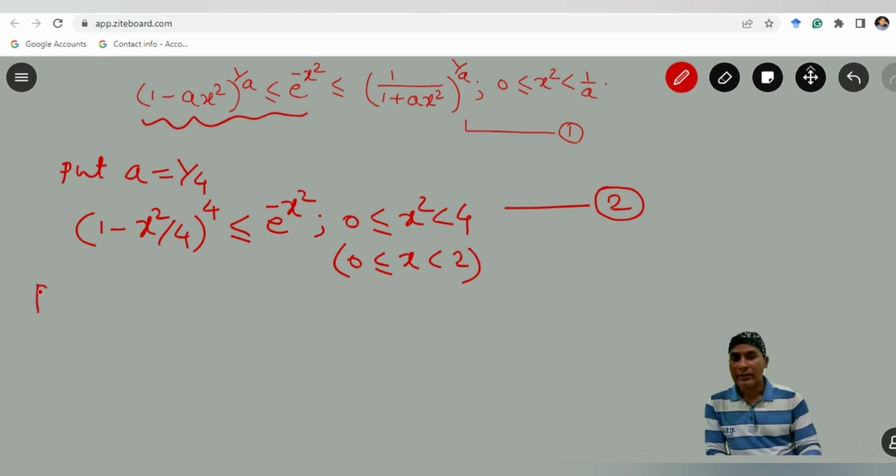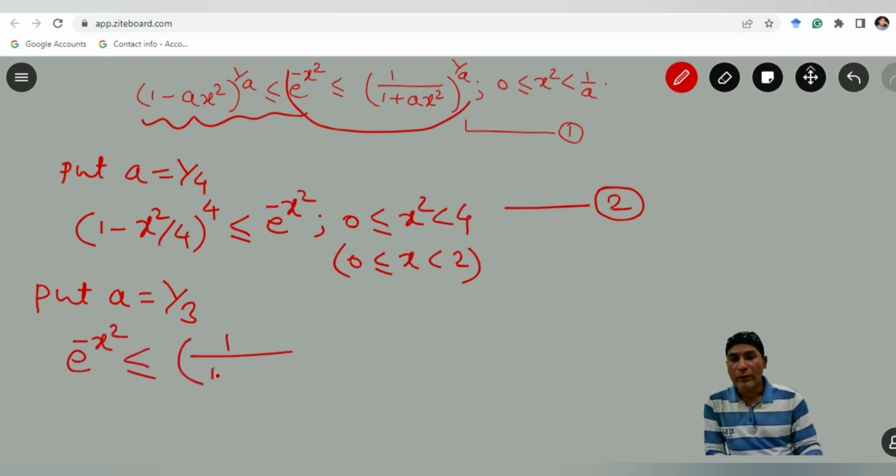Then I will put a equal to 1 over 3 in the right inequality of 1 to get another inequality, that is e power negative x square less than or equal to the cube of 1 divided by 1 plus x square over 3, and this inequality is true for the values of x square which are between 0 and 3.